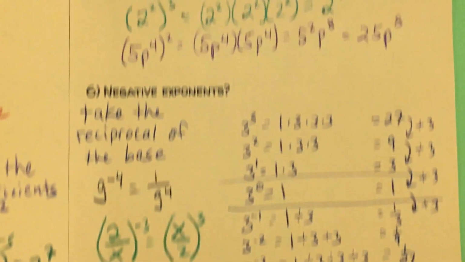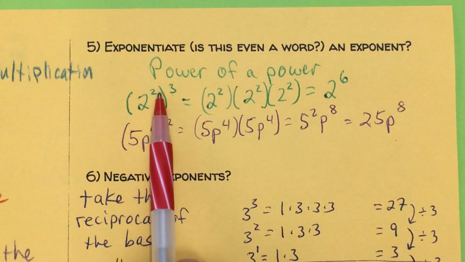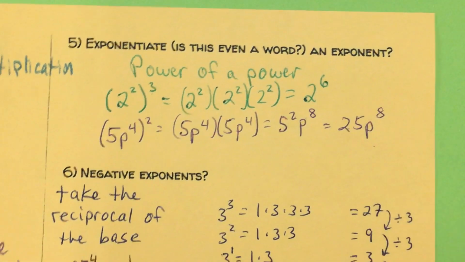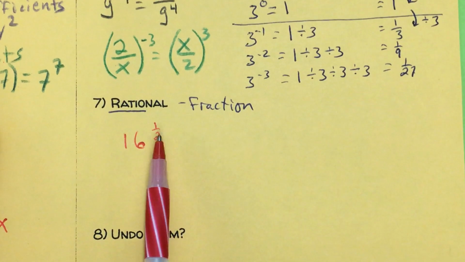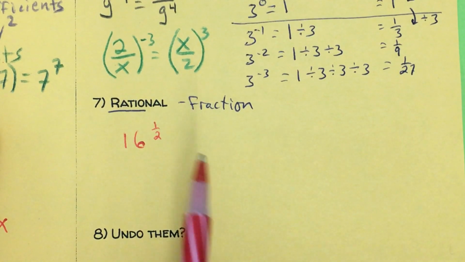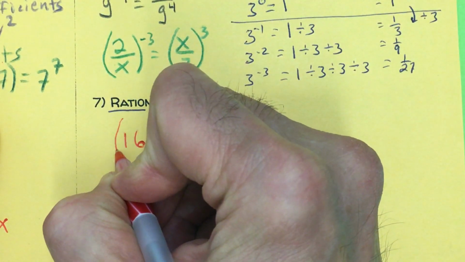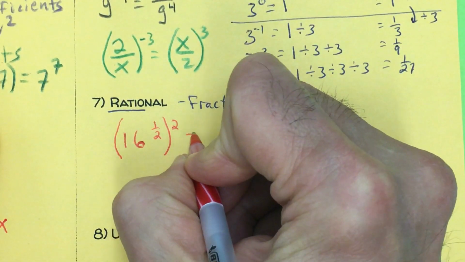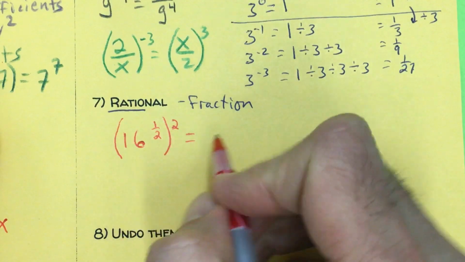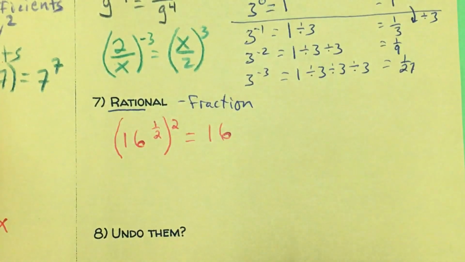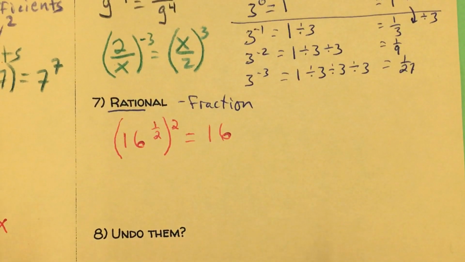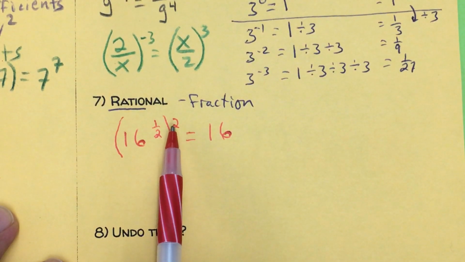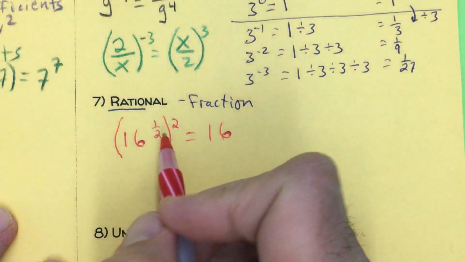But I do know this. If I take a power of a power, I'm multiplying them. So what number can I multiply by to turn this into a 1? 2. 1/2 of 2 is 1. Okay, so 16 to the 1/2 power to the 2 power is back to 16.